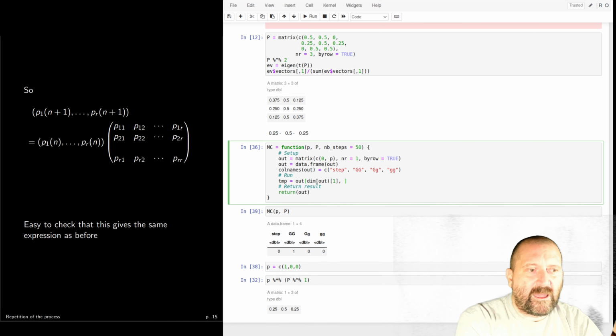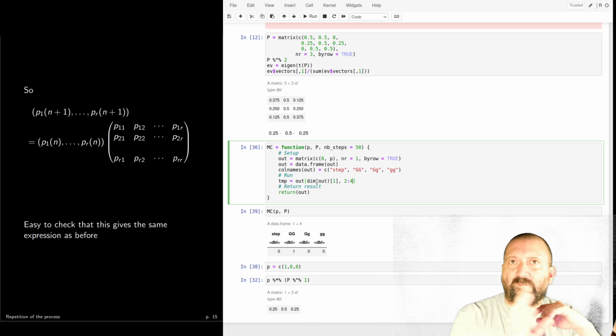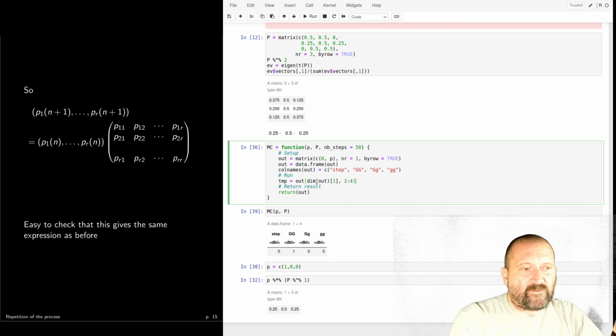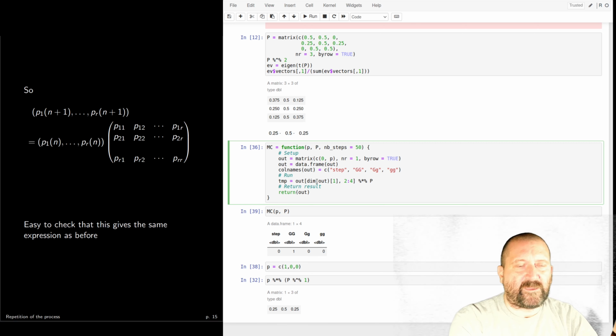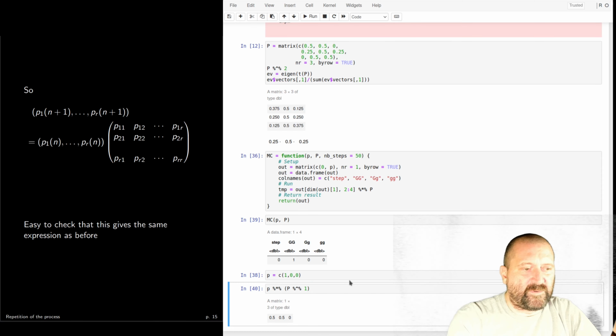And of course, I don't want to take time into that first column that I added, so I just go from 2 to 4. So this is temp. This is the vector that I get, and then I just need to multiply this by matrix P. That is giving me the equivalent of this vector that I have at the bottom. So this is simply this here.